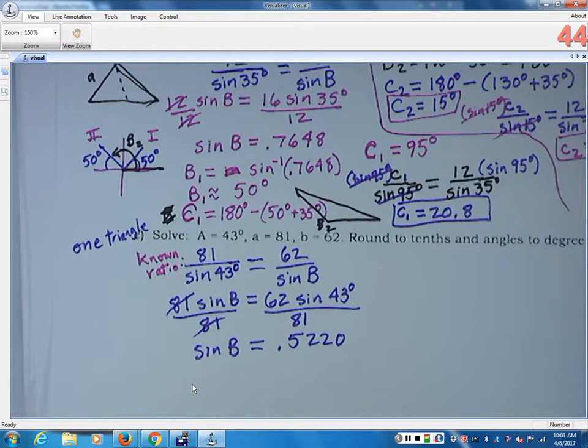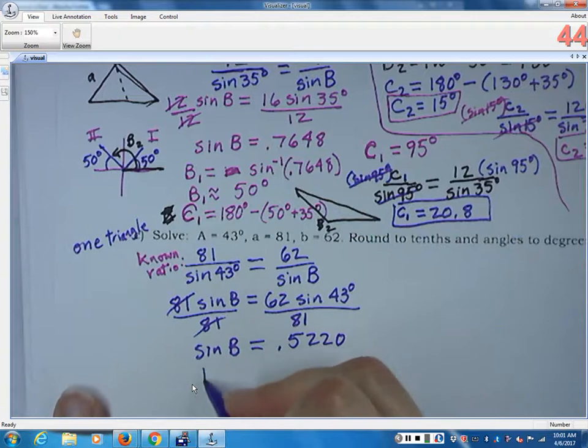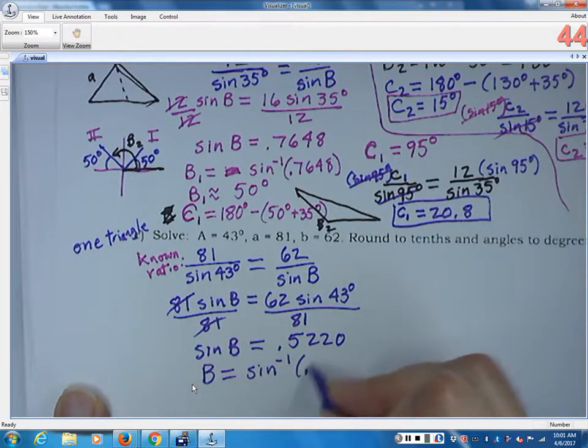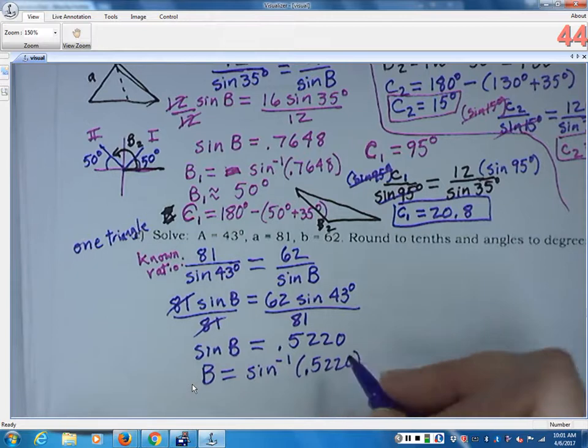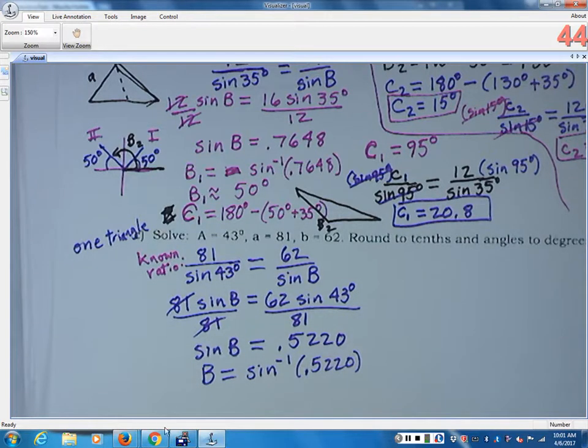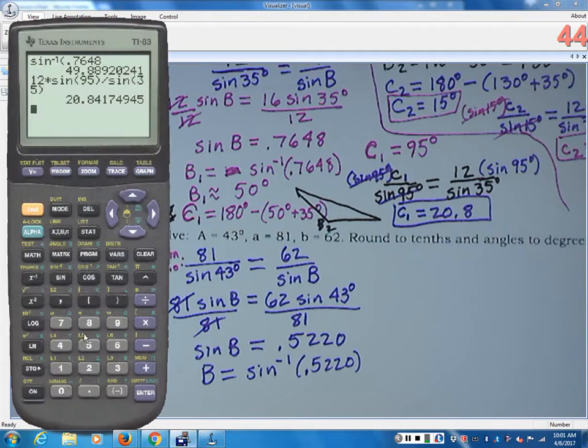All right. So take sine inverse. And we can double check that: it's 62 sine 43, close the parentheses, divide by 81.